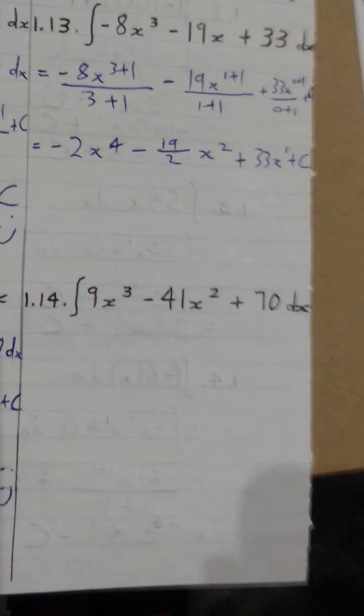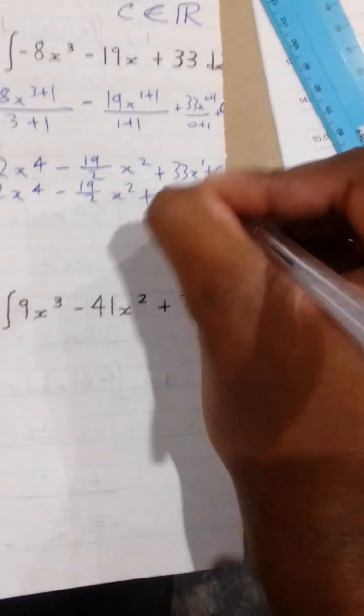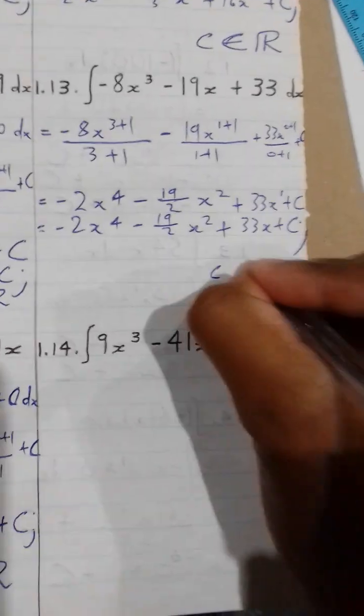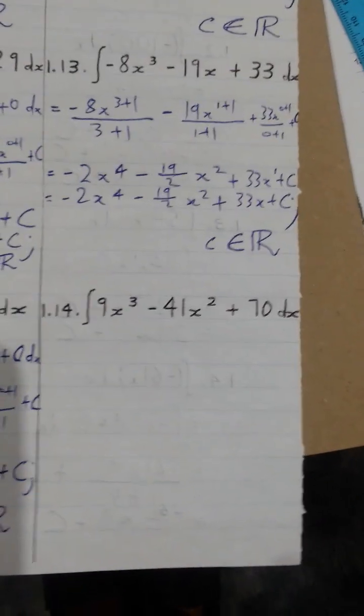Then we remove the unnecessary exponents like 1. So this is going to be negative 2x to the power of 4 minus 19 over 2 x squared plus 33x plus c. Don't forget, c is an element of real numbers. Hope that is clear, and I hope that makes sense.